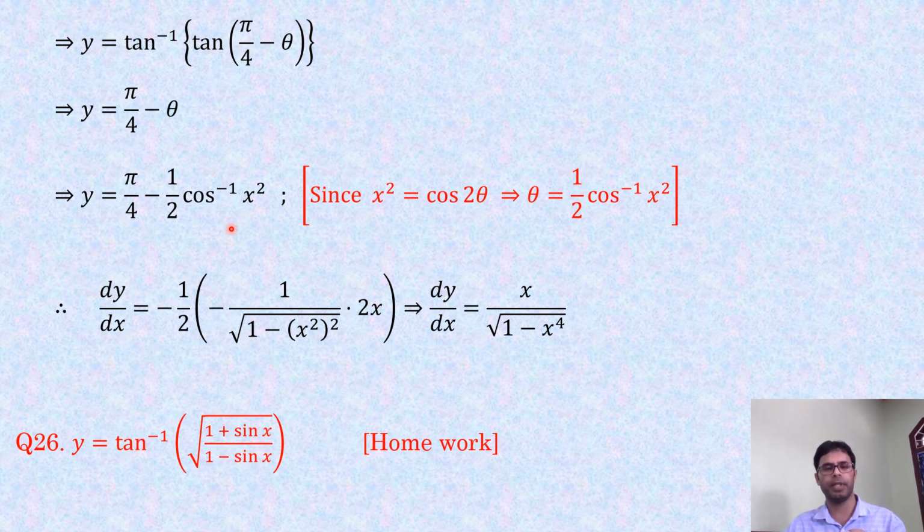As done in the previous problem, it is 1 minus tan x by 2, 1 plus tan x by 2 in the denominator and numerator respectively. Then use the formula tan of pi by 4 minus x by 2, or tan of pi by 4 plus x by 2 will be here. Then tan and tan inverse will cancel out, so x by 2 will remain there, and then you find the derivative for the question. Very simple question actually, you can solve yourself by taking the help of previous question.